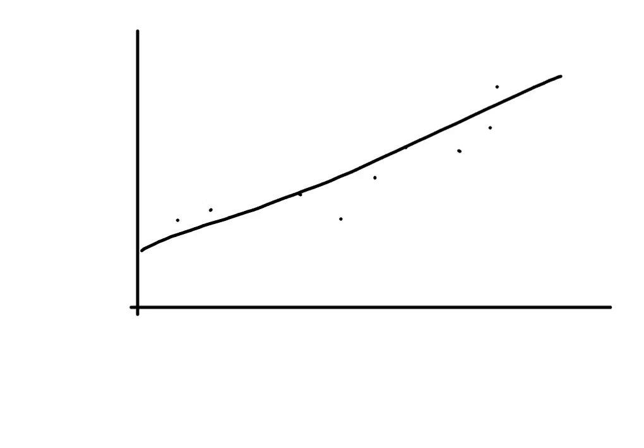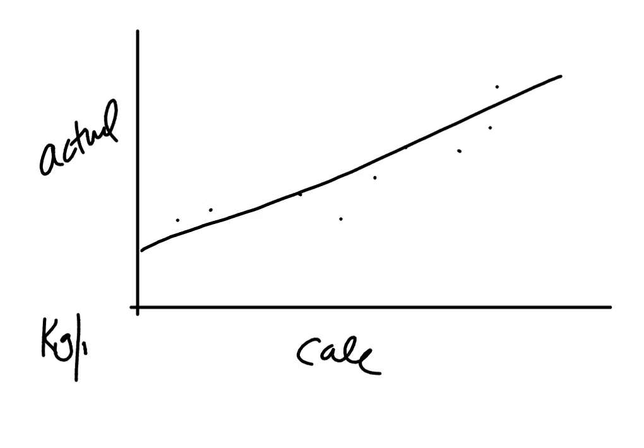Remember, this is the calculated densities, these are the actual densities, and they're both in kilograms per cubic meter. Your graph should take up a majority, if not all, of your axes.